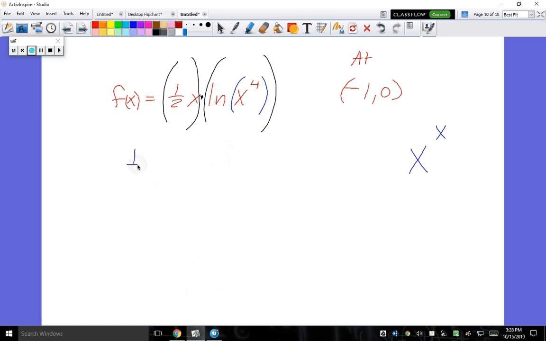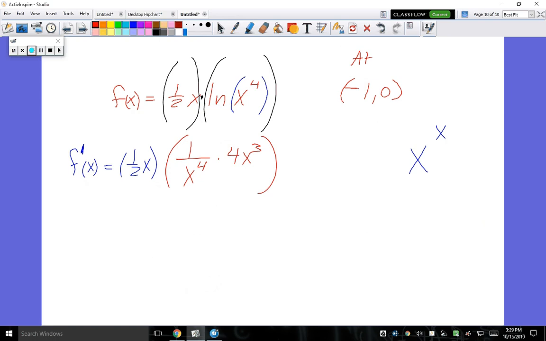The first times the derivative of the second. Jordy, what's the derivative of the second? Yep, 4x to the third. Do you all agree with that?